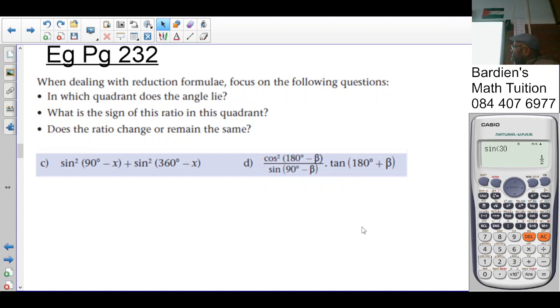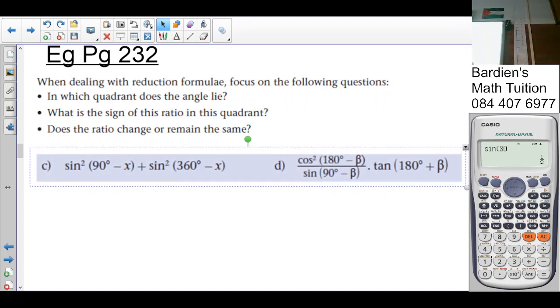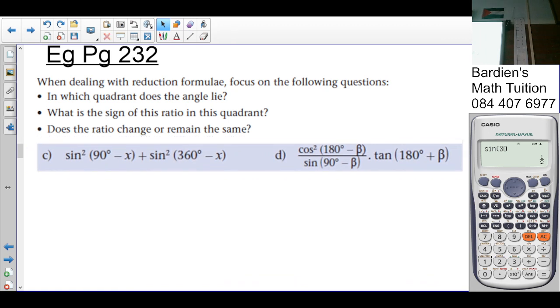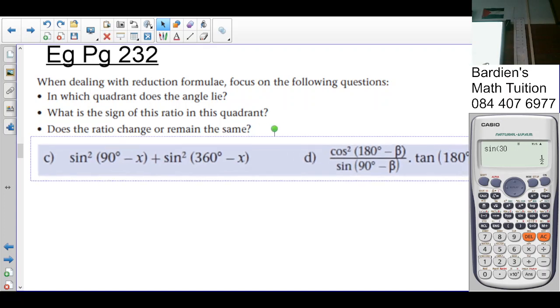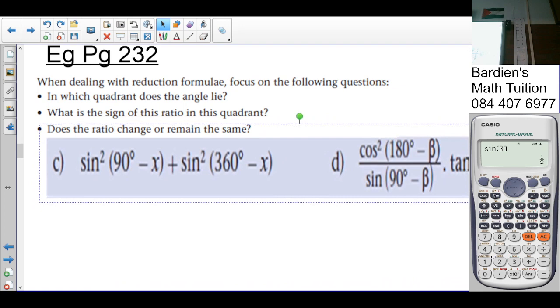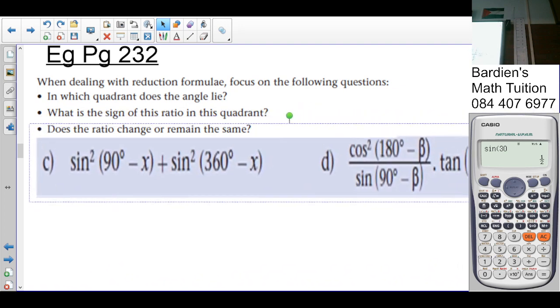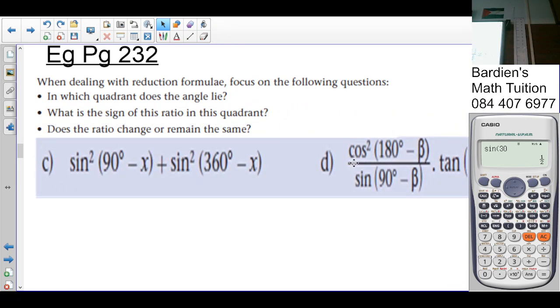Again, the question is to simplify. In C, you are given sine squared of 90 minus x, plus sine squared of 360 minus x. Do that one quickly.